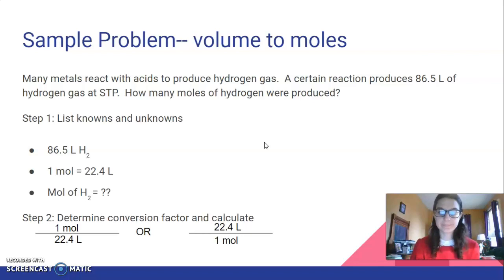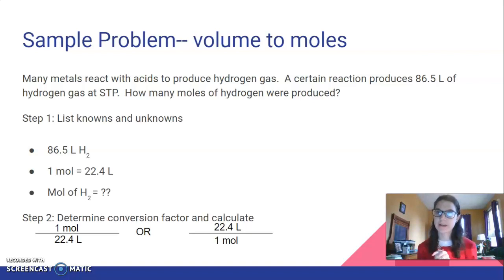So here we have a sample problem where we want to convert from volume to moles. It says many metals react with acids to produce hydrogen gas. If you remember way back when, I think it was second quarter, we did a lab on the reactivity of metals, really the reactivity of elements on the periodic table.